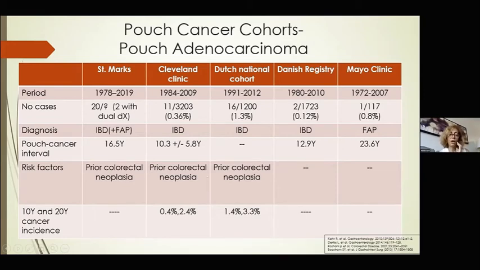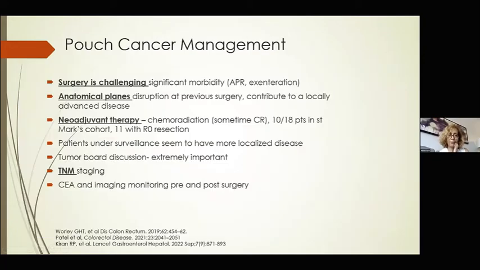Most cancers have been diagnosed a decade or two post-surgery. The rates have been mentioned, and the 10 and 20 years cancer incidents are mentioned actually only in the Cleveland Clinic and Dutch reports.